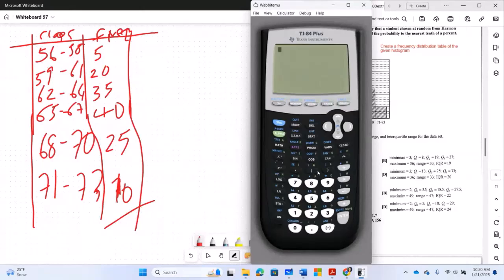I have 5 plus 20, plus 35, plus 40, plus 25, plus 10. And if I hit enter, I have 135. So there are 135 students altogether.